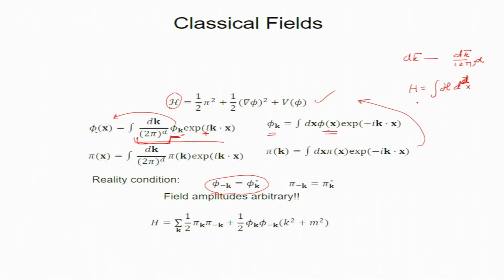The Hamiltonian, which is in real space, we can write down in Fourier space. This half comes from this half, and the integral of pi squared becomes pi k pi minus k summed over all k's. I write this sum for convenience, but this is really the integral dk.